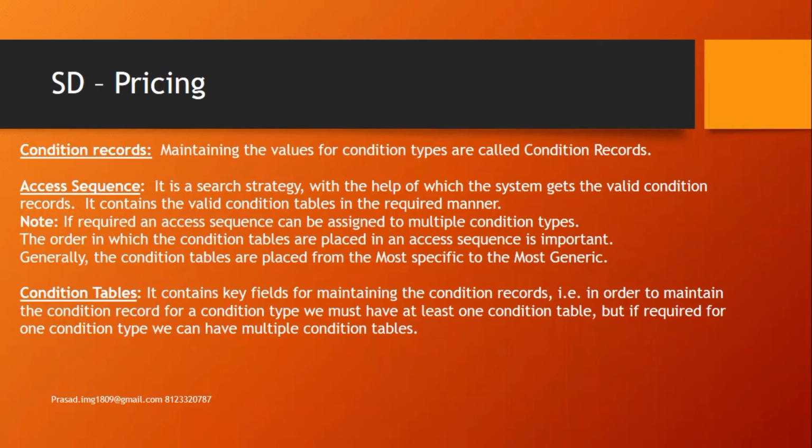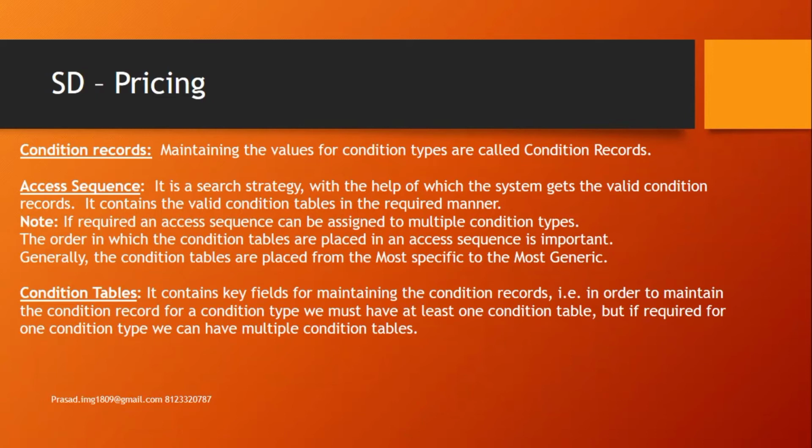Without the access sequence, there is no interview at all. In pricing procedure, what is the importance of access sequence? You have to explain that first. Pricing itself is based on condition technique. Condition technique means finding the best alternative among the available alternatives.